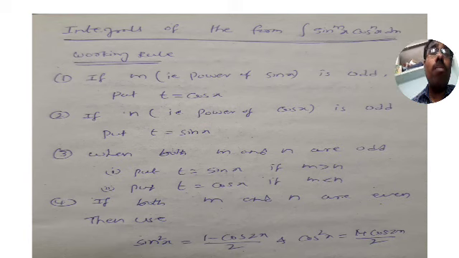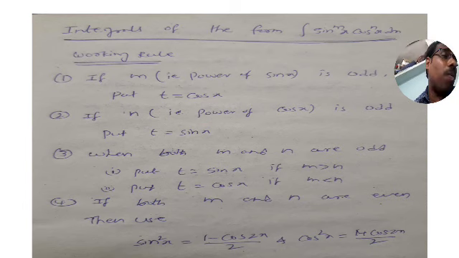If both sin power and cos power are odd numbers, then whichever is greater: if sin power is greater, then put t equals sin x, and if cos power is greater than sin, then put t equals cos x.